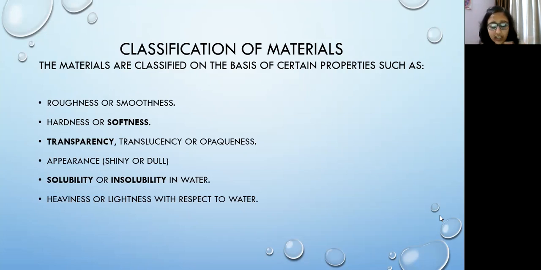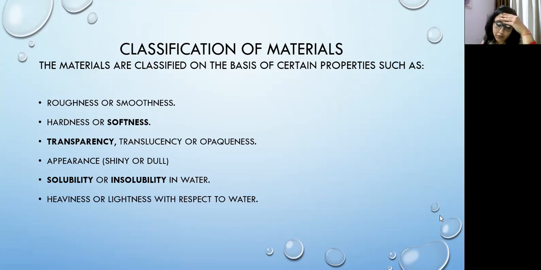Until now we were saying that classification is important and should be done, but how is it done? What properties do these materials have, based on which we classify them?